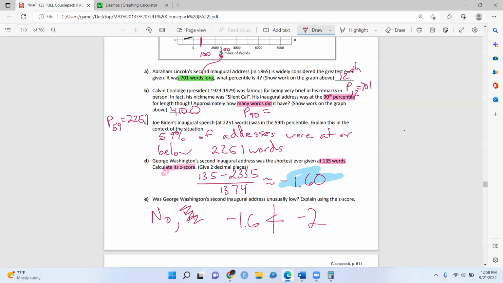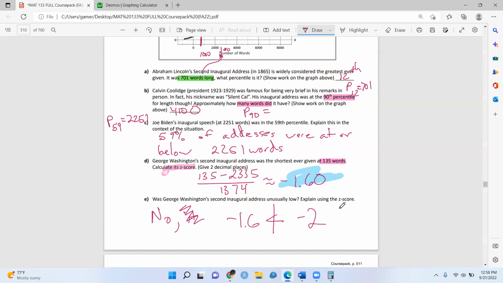Forgetting that negative Z-scores are perfectly acceptable. They're quite common. It just means they're below the mean. The threshold is negative 2. Is it below negative 2? Then it's unusual. Is it above positive 2? Then it's unusual. So unusually large versus unusually small.